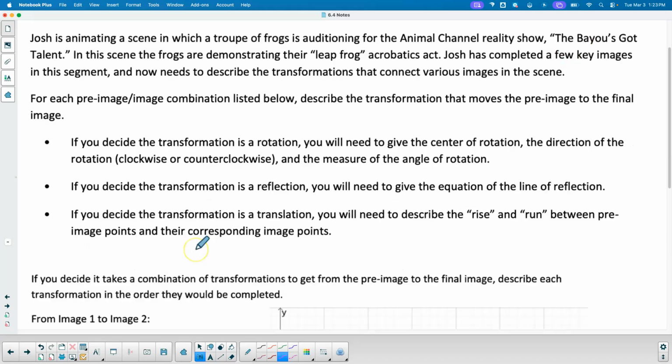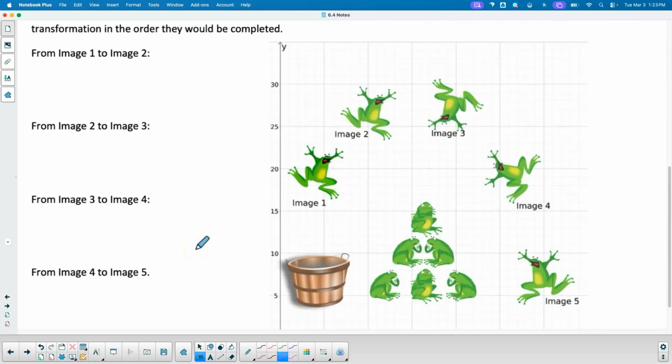All right. So let's start with image 1. Image 1 to image 2. What transformation took place? Translation? Okay. Can you give me some specifics?